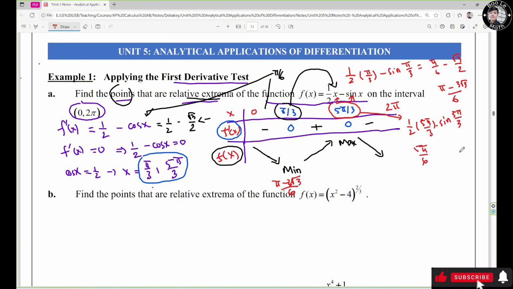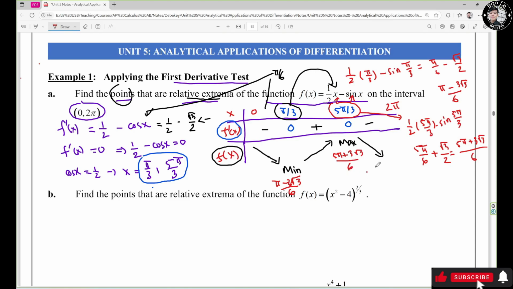Sine of 5 pi over 3 equals negative root 3 over 2, and combined with the negative sign right here, it becomes plus root 3 over 2. Now I need to simplify this. It turns out to be 5 pi plus 3 root 3 divided by 6.